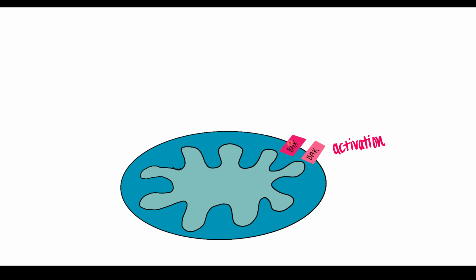Once these are activated, that would cause this to become permeable, right? But remember, you still have those anti-apoptotic proteins as well. You're going to have a decrease in survival signals that are normally stimulating these anti-apoptotic proteins, and that is going to cause a decrease in BCL2 and BCL-XL activity and stimulation.